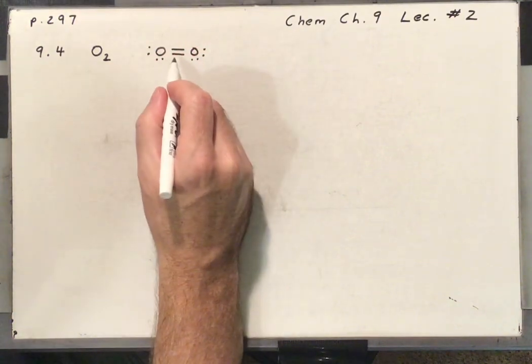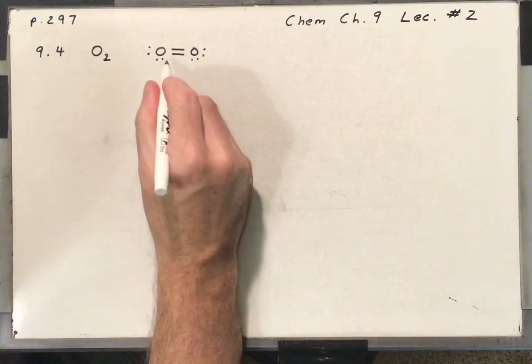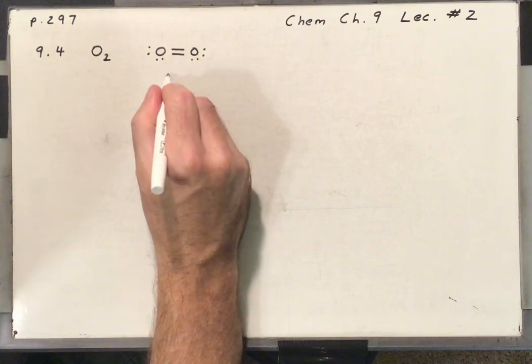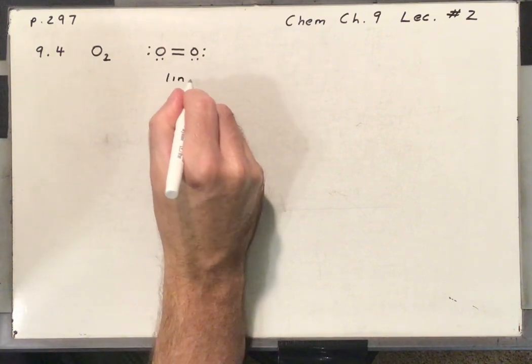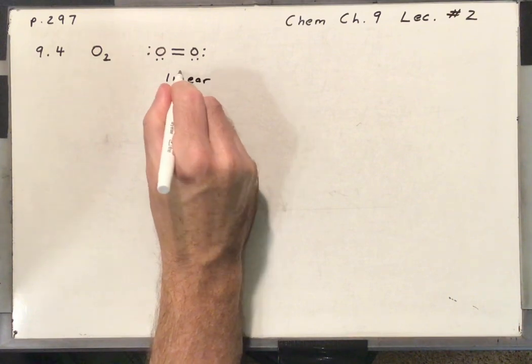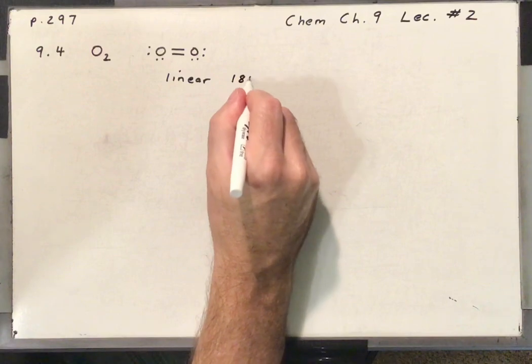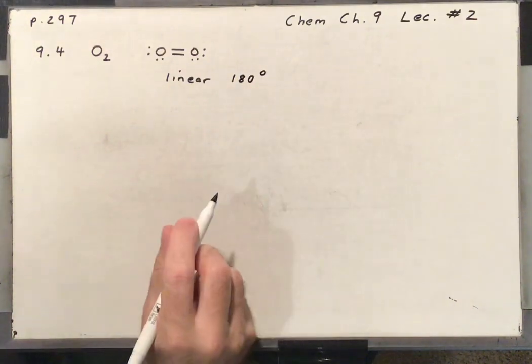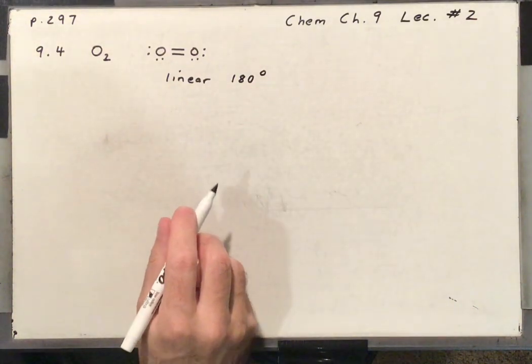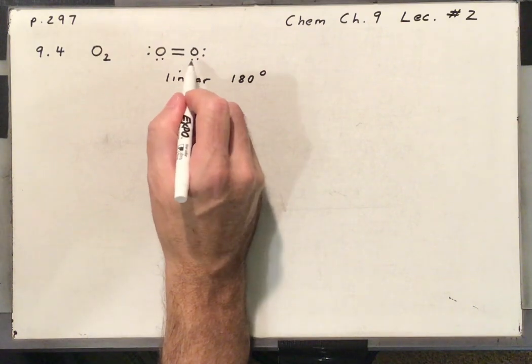And that is just simply a linear shape. It's just two atoms bound together with a covalent bond, and the bond angle is 180 degrees. So this shape really just matches the same way we drew it in Chapter 8.